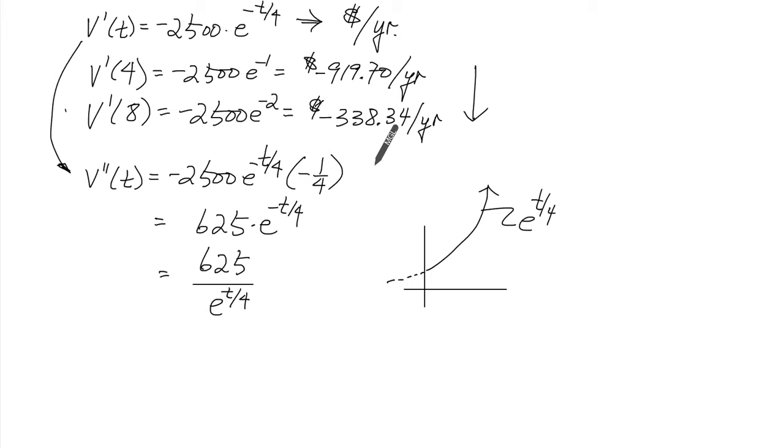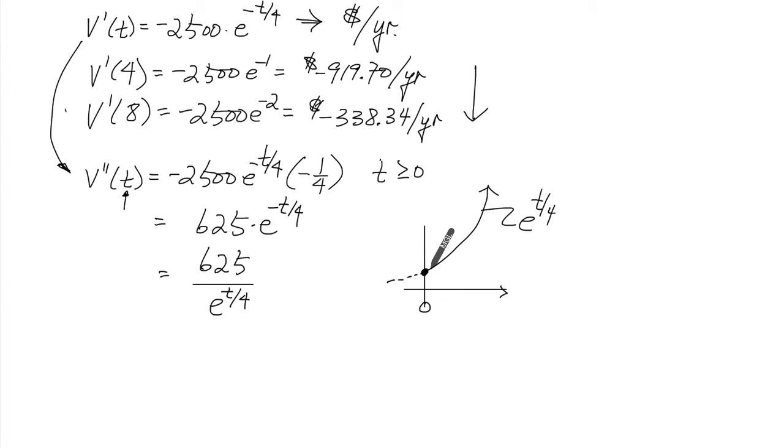Because our independent variable t is time, t has to be a number greater than or equal to 0. You can't have negative time. So, assuming that t is greater than 0, we see that the value of e to the power of t divided by 4 is smallest at time 0.